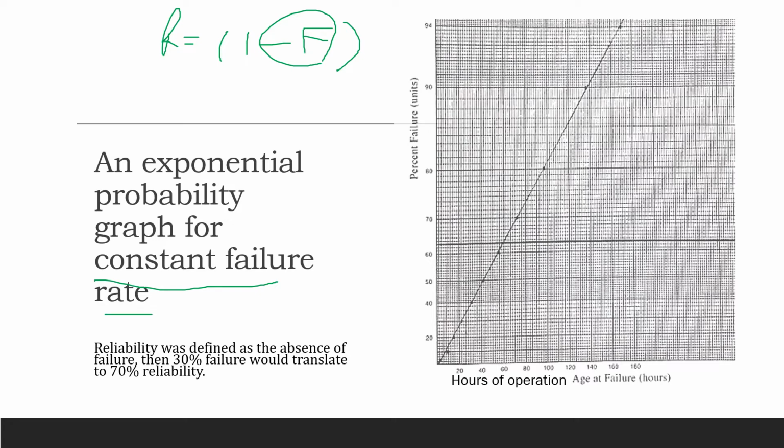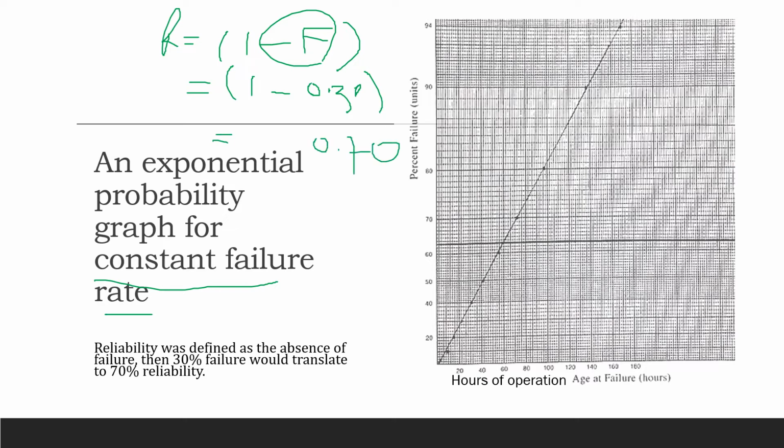So if you have 30% failure, you take 30% out. In decimal, we write 0.30, and you get 0.70.